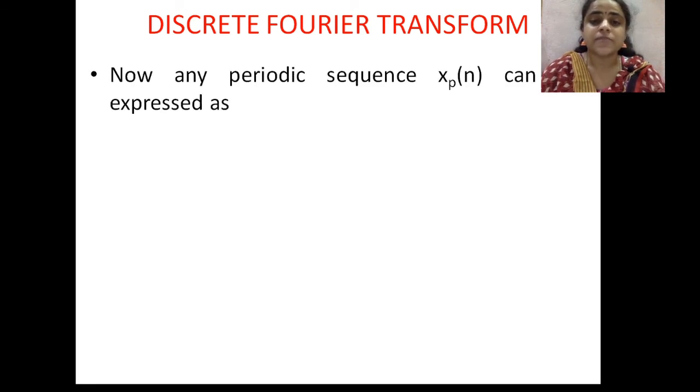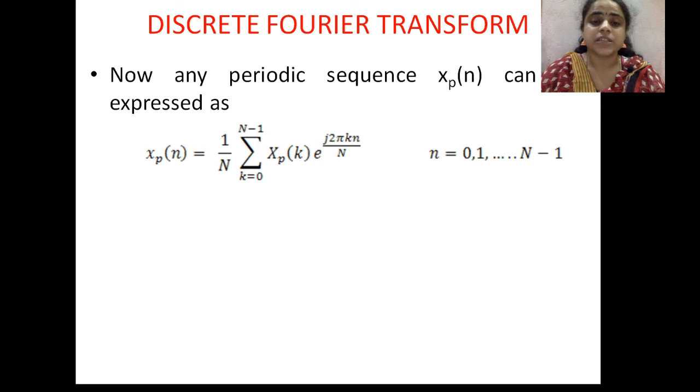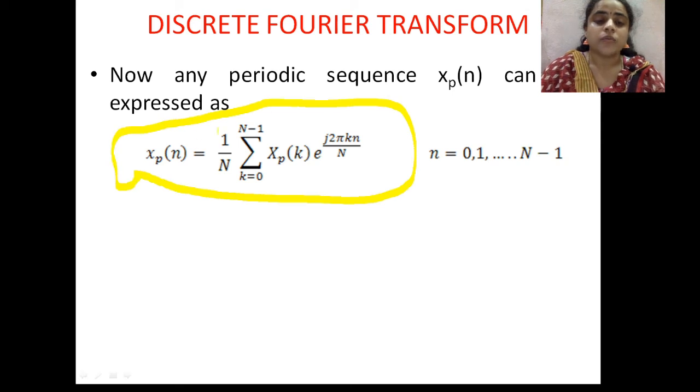So now any periodic sequence can be expressed as x_p of n is equal to 1 by N summation k equal to 0 to N minus 1 of x_p of k into e power j 2 pi kn by N. This is the discrete Fourier series representation, or else this is nothing but our inverse discrete Fourier transform.